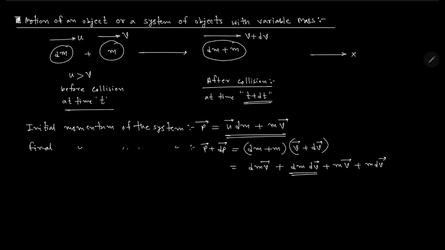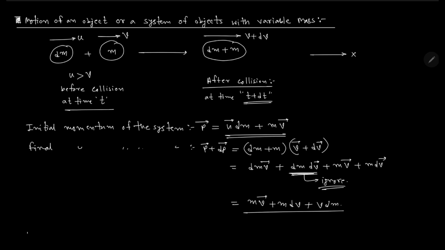Now notice that this dm dv vector is very small in comparison to the rest of the terms on the right hand side, so we can ignore this term. So the right hand side becomes simply mv plus m dv plus v dm.